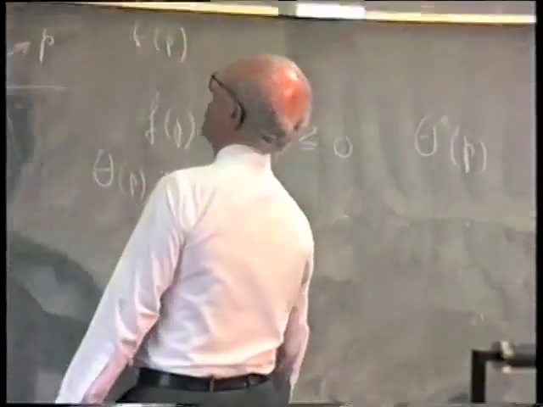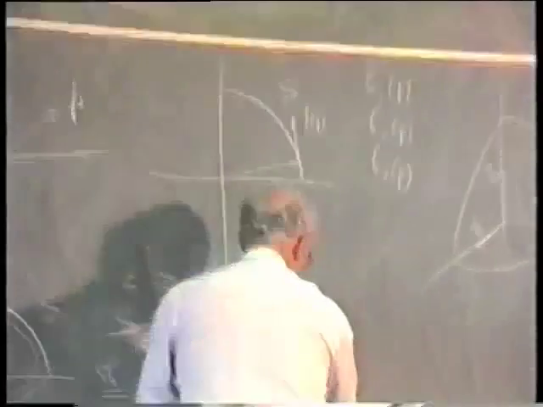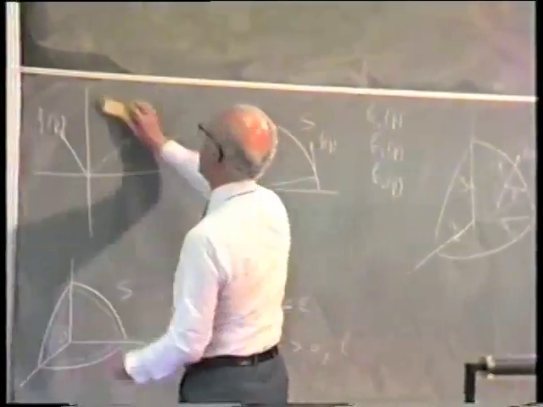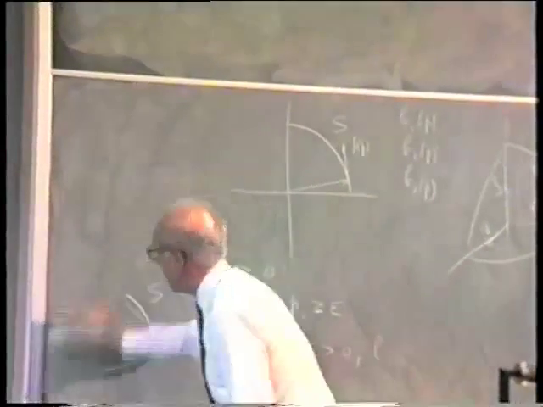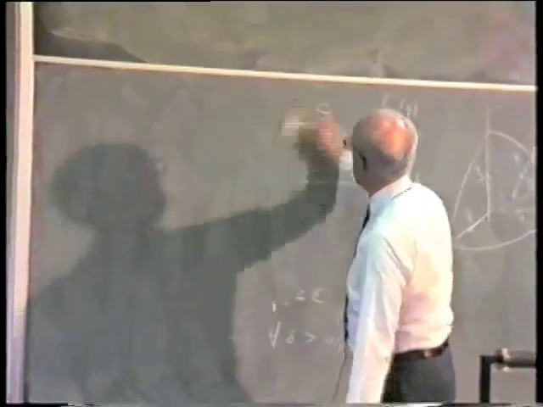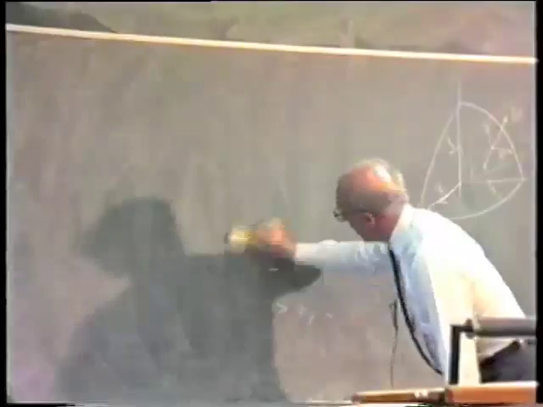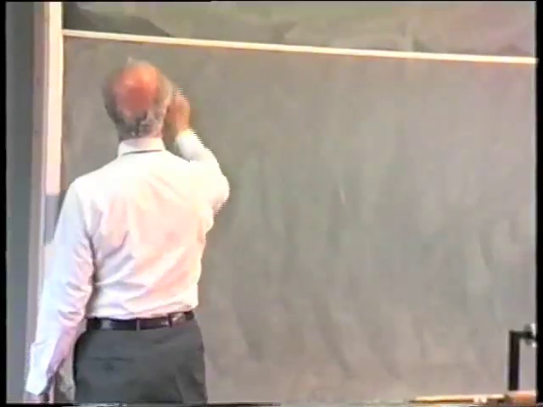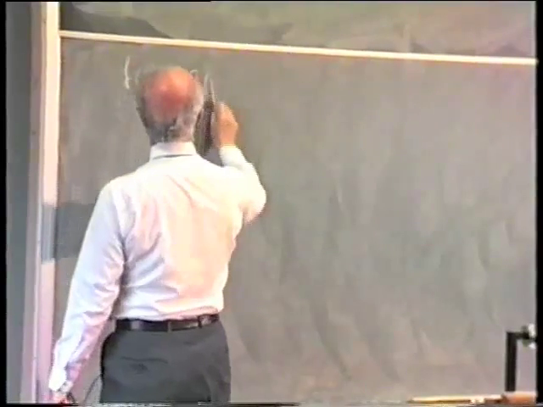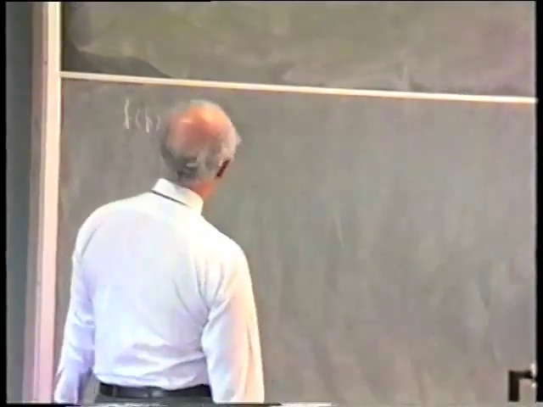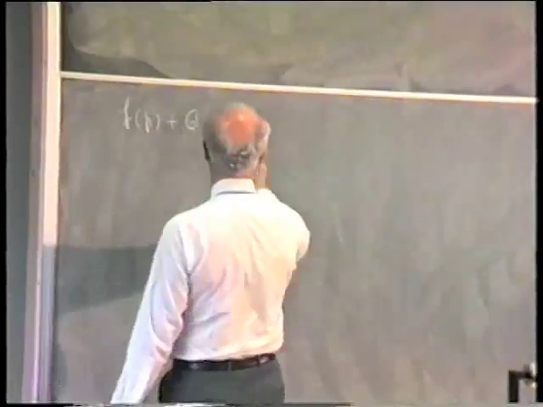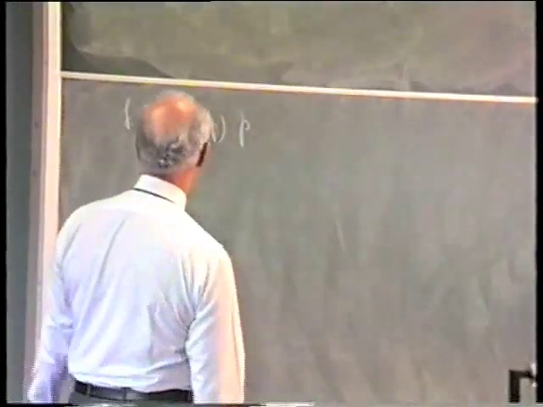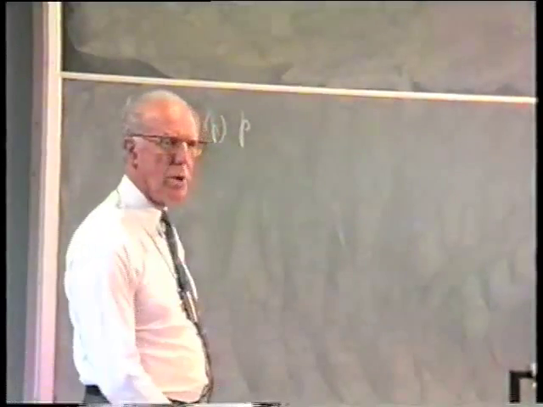And now that you have done that, you have f of P plus theta of P times P, a vector that has all its coordinates strictly positive.